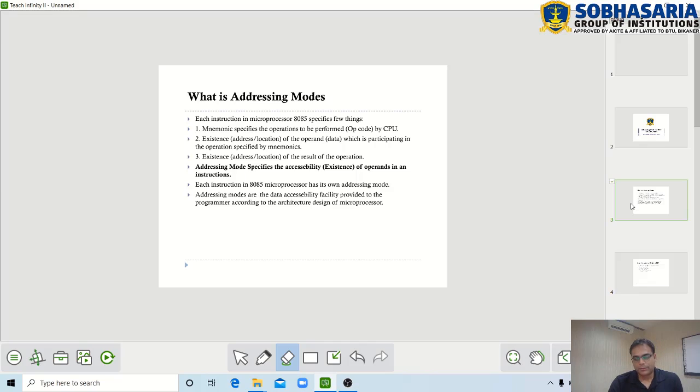As you know that microprocessor CPU performs many instructions, many operations. Whenever a microprocessor performs any operation, obviously it will perform those instructions on a specific or particular data, and the location of that data is important here, whether it is inside the CPU or it is available in a memory location.